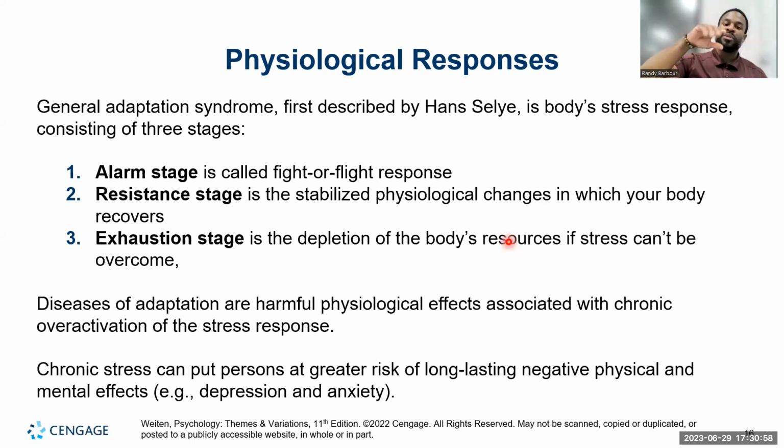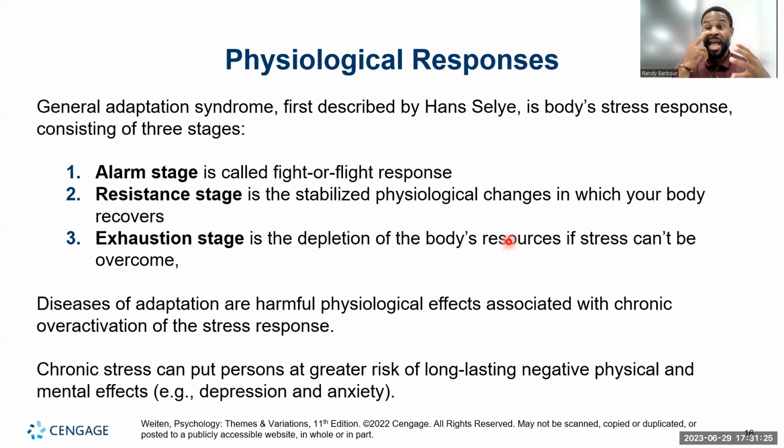And then if we aren't able to handle the stress and it can't be overcome, then we become exhausted. Then our resistance is lessened, right? That means that we're depleting a lot of our body's resources, the hormones in our body, the energy stores, and we'll talk about the different energy that's released through the pituitary gland, the autonomic nervous system, the sympathetic nervous system.